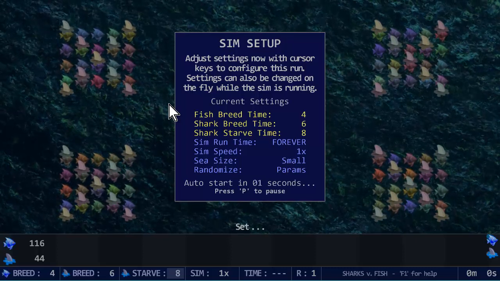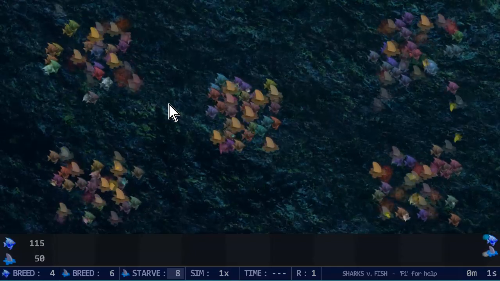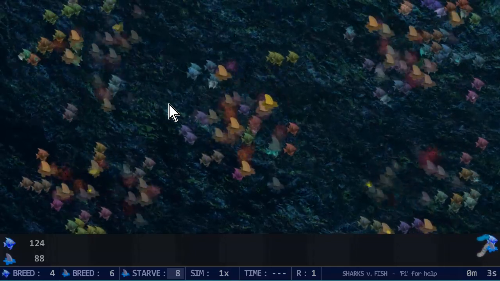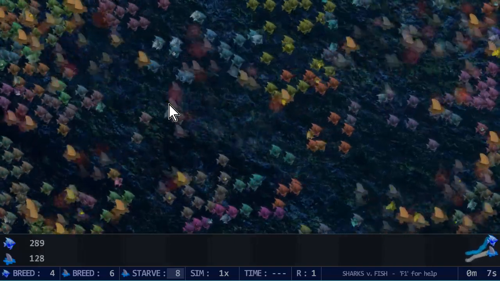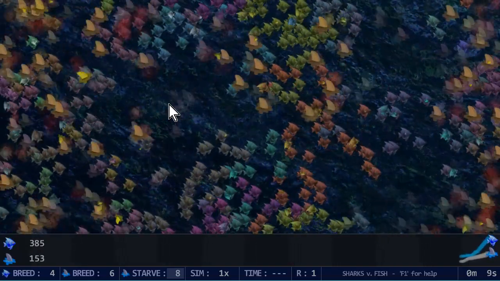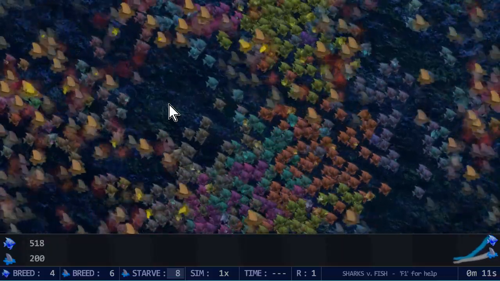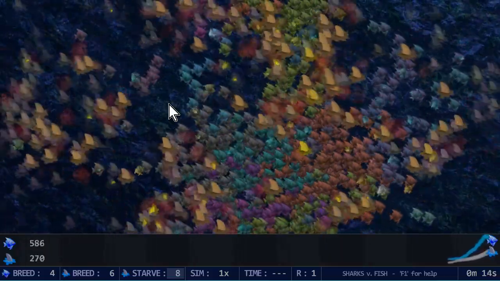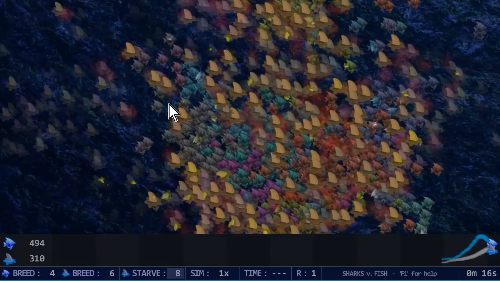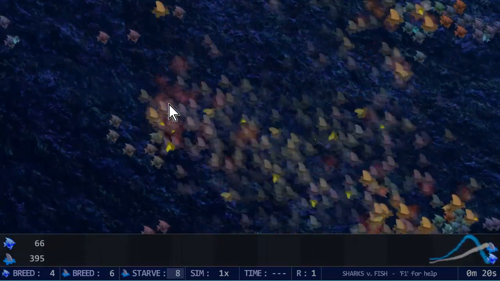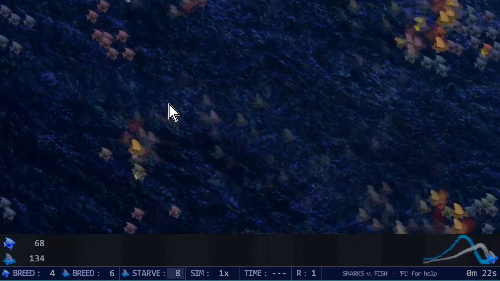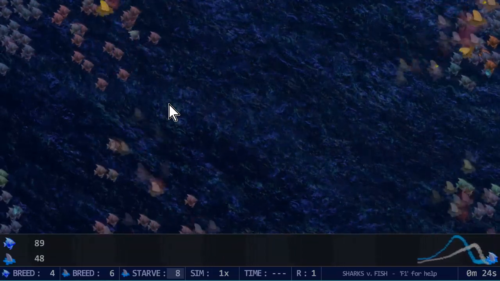And this will run forever, as you can see by the parameters. The most stable populations tend to be the large size sea, and that's one of the things that will randomly change between cycles. So let's just see if this one survives.